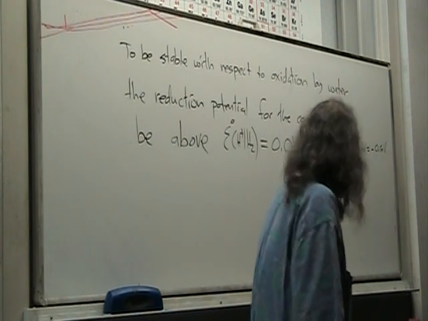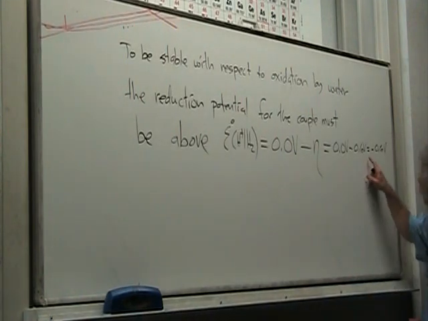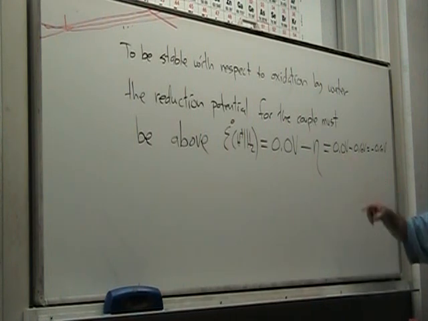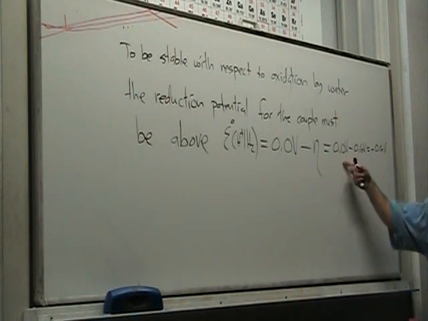Okay, because this is the overpotential, 0.6 volts. The hydrogen is reduced at 0 volts. Hydrogen being the product of reduction of water.